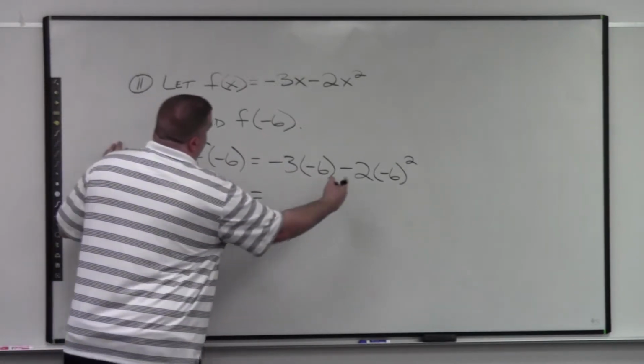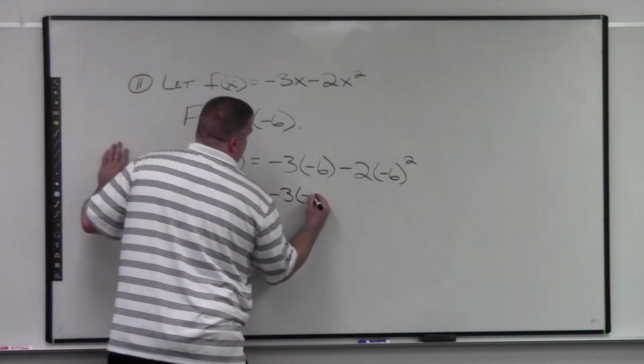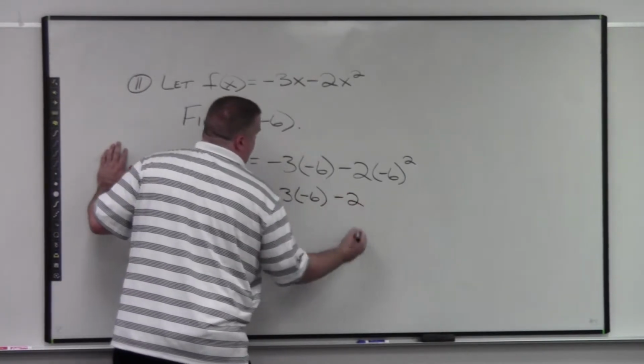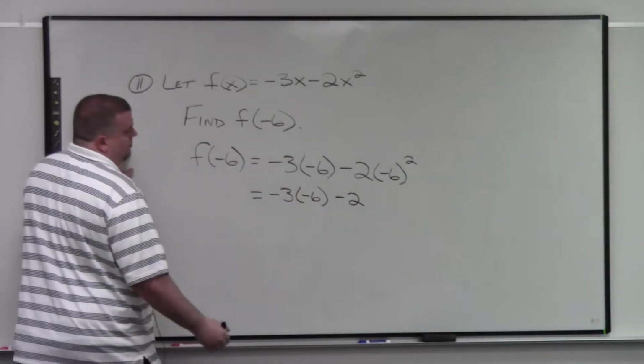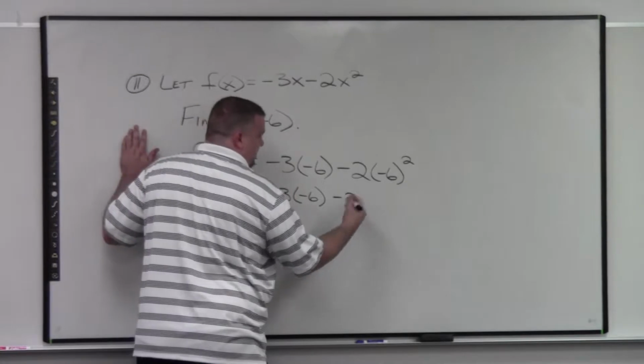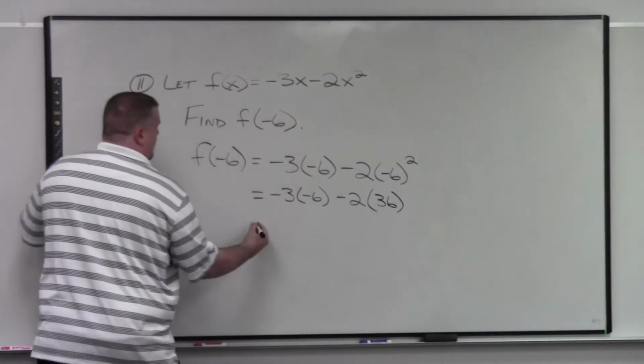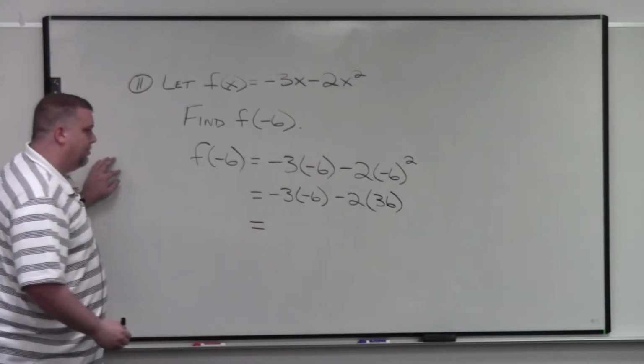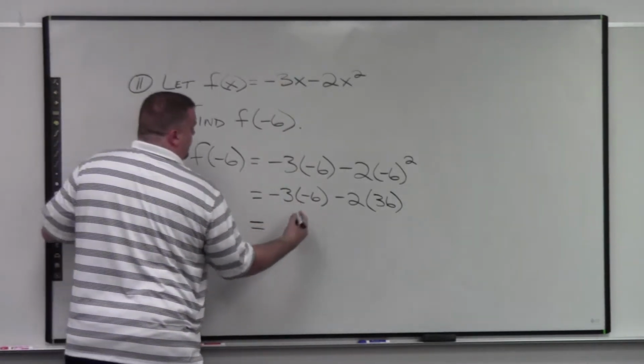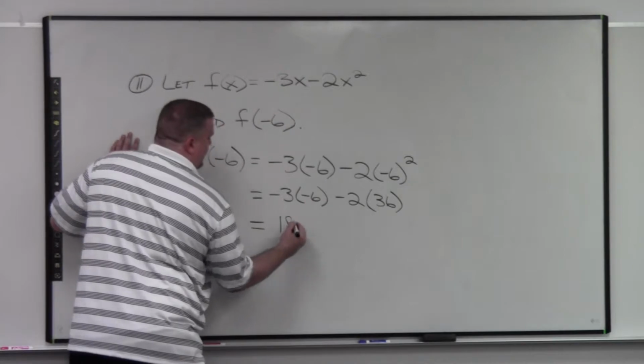So we need to do the exponent first. What's negative 6 squared? Positive 36, so negative 6 times negative 6, positive 36. Then we can do our multiplication. What's negative 3 times negative 6? Positive 18.